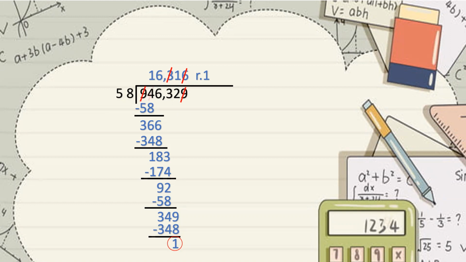Nine, cross out. 4 plus 3 plus 2 equal 9. Now we cross out the numbers. Now we don't have any more 9s.